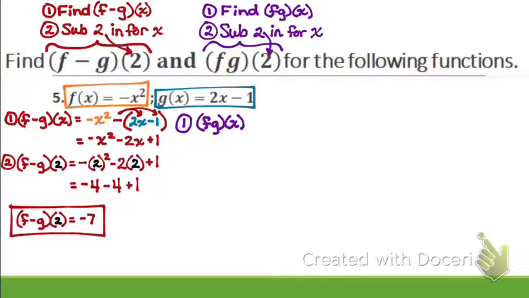All right, so first step. F of x is negative x squared. And I'm going to multiply that to 2x minus 1. So I distribute. I get negative 2x cubed plus x squared.